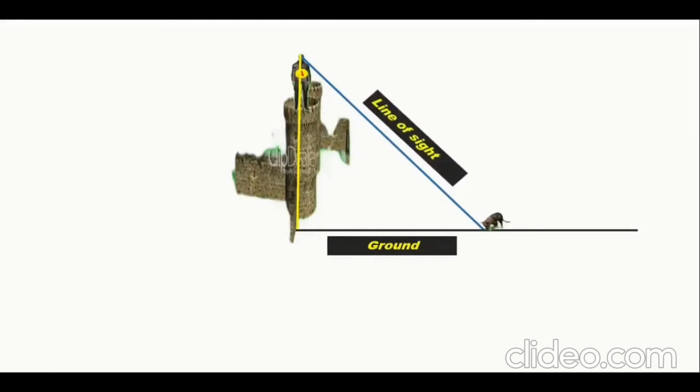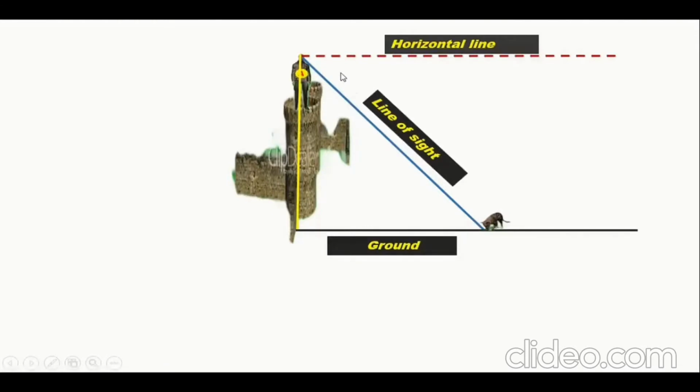This is the line of sight, and this dotted line is also an imaginary line, the horizontal line. Between these two lines, that is the horizontal line and the line of sight, an angle is made, which is called the angle of depression.